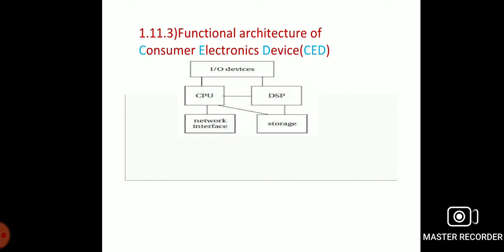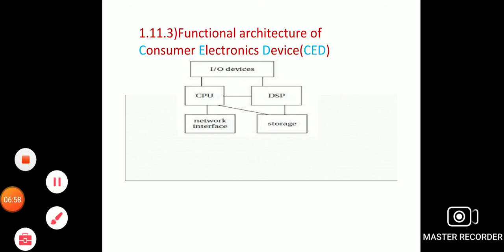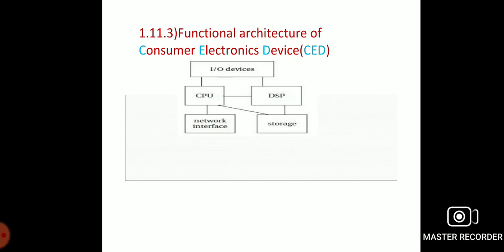The CPU can be interfaced with the digital signal processing and also the storage and data management system. These consumer electronic devices can serve several industries in the electronics field.